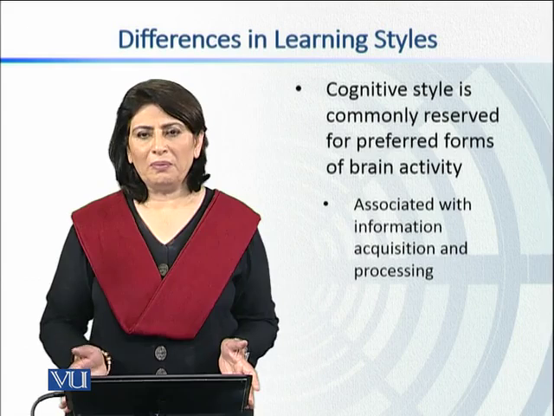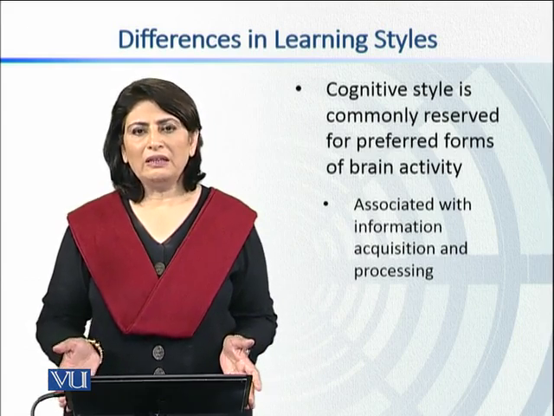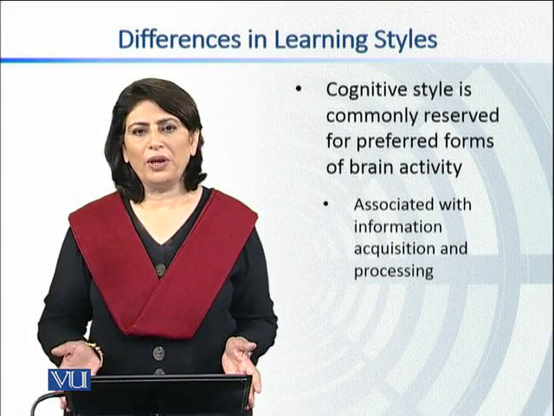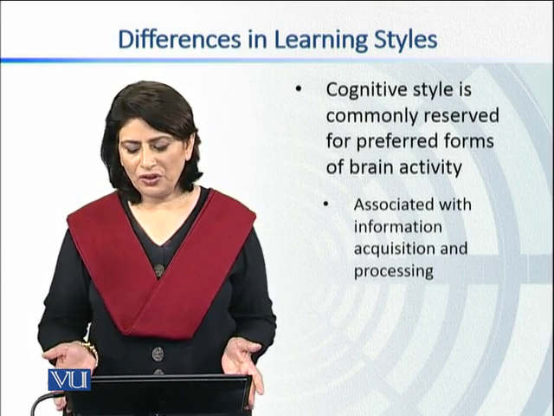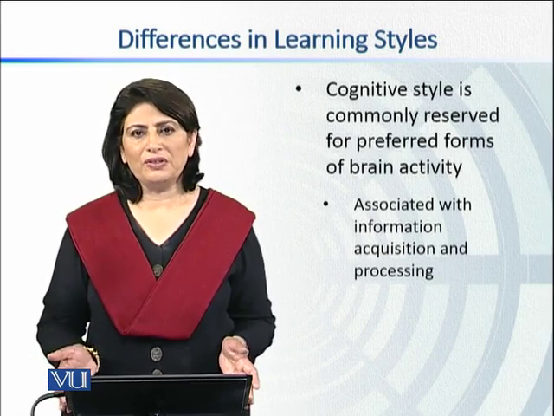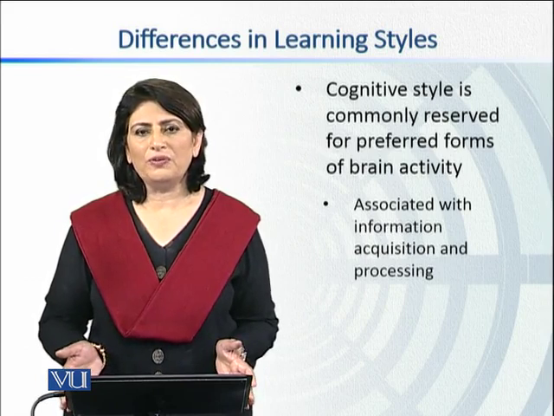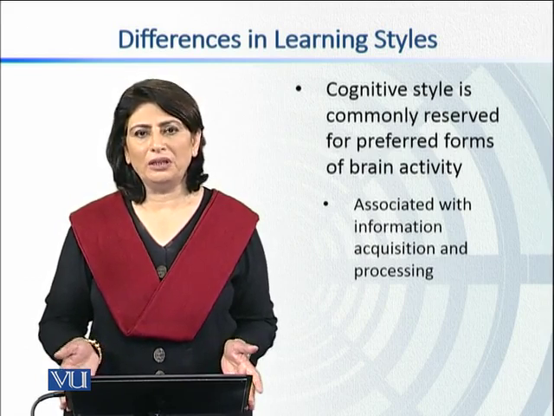It is about the preferred forms of brain activity that they indulge in when they are learning a language, and how they make associations, and what the different types of associations are that are triggered in the mind of the learner.